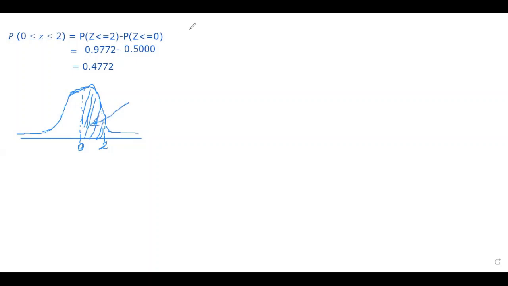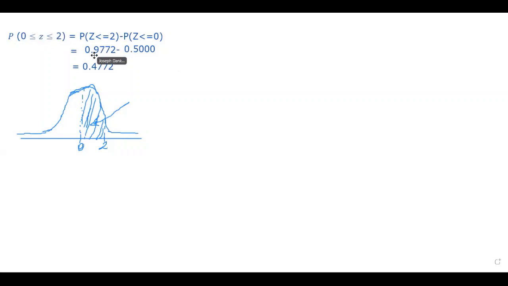So every time, just look at these brackets. If you see Z in the middle, then you are good to go. Just look for that probability on the table and solve it. But when you see X in the middle, you have to standardize.